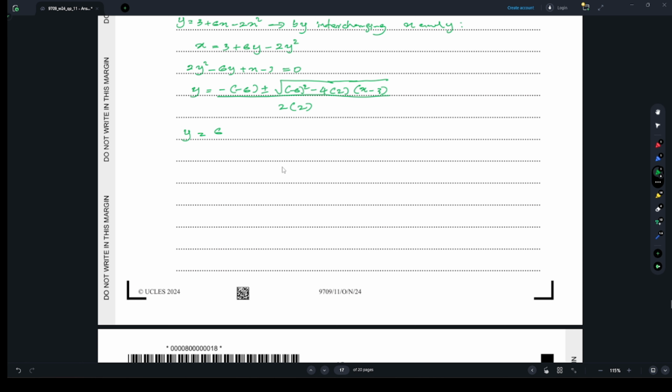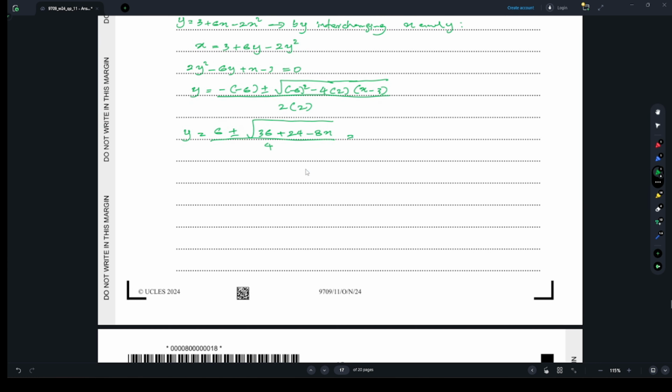So here we have 6 plus or minus, here you have 36 plus 24 minus 8x. Okay, divide by 4. So we can divide all by 4 here.